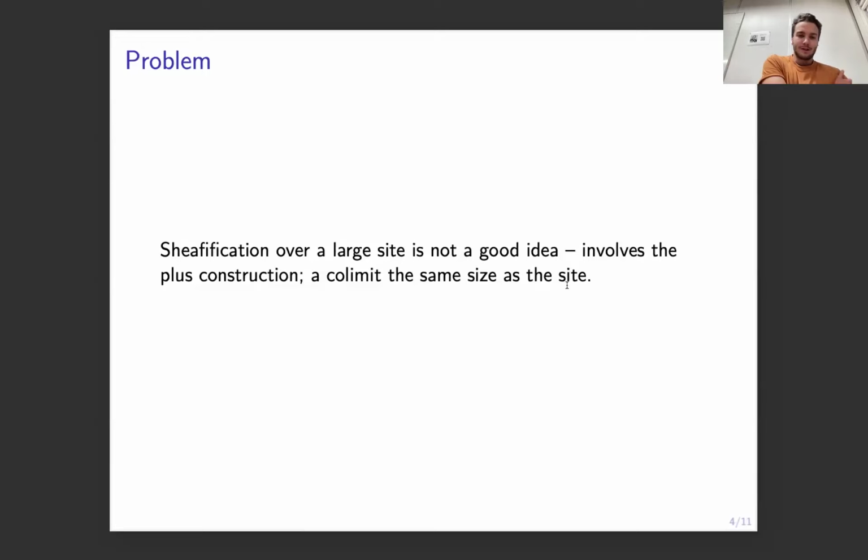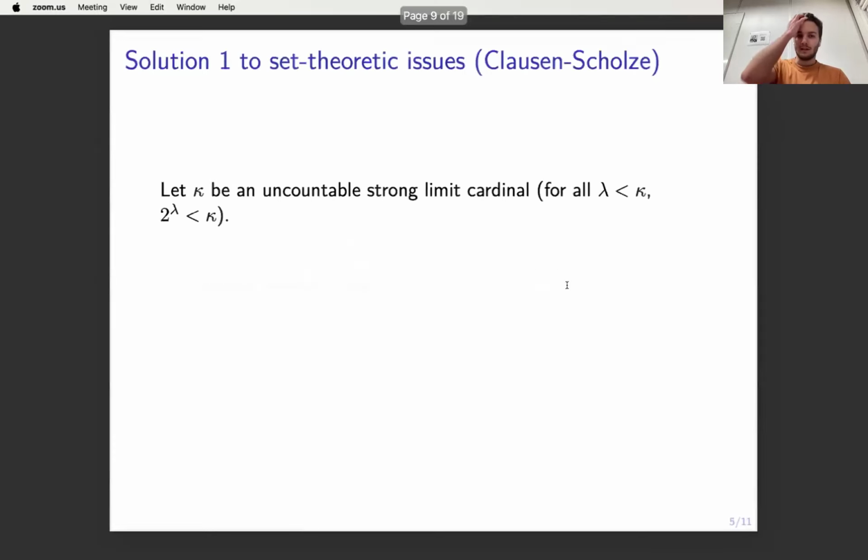Okay, so the first solution to this problem, proposed by Clausen and Scholze, is to consider these uncountable strong limit cardinals. This just means that all smaller cardinals have the property that their power set is also smaller. And this means that when your objects are kappa small, then you can perform all the usual constructions, take power sets and products, and stay below that cardinal.